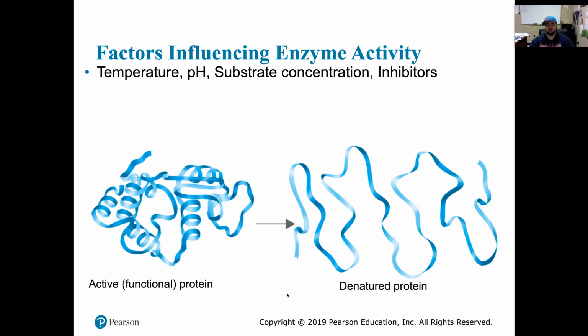What bonds hold proteins together? Hopefully you answered hydrogen bonds. Hydrogen bonds hold them together. But if we stray too far, then we denature proteins. We break them down and they unwind and then they're useless.